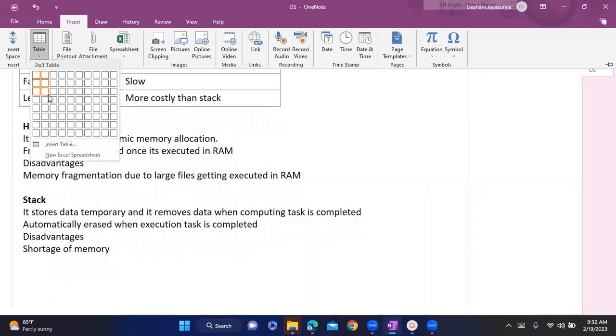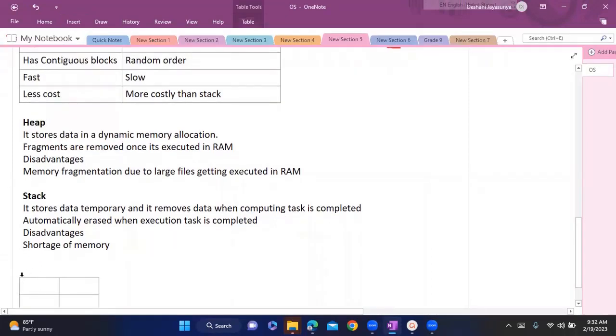One small kind of a thing about it is enough. So logical address and physical address difference, we can write it down.